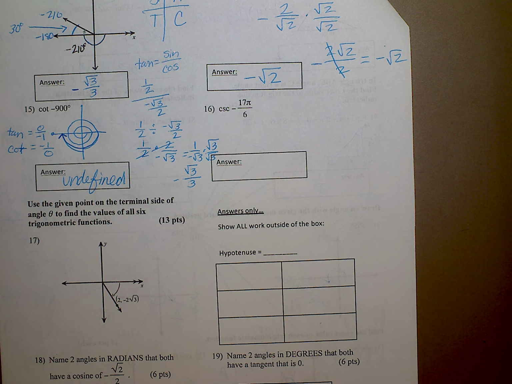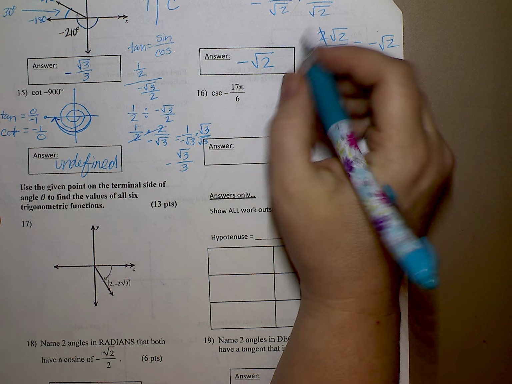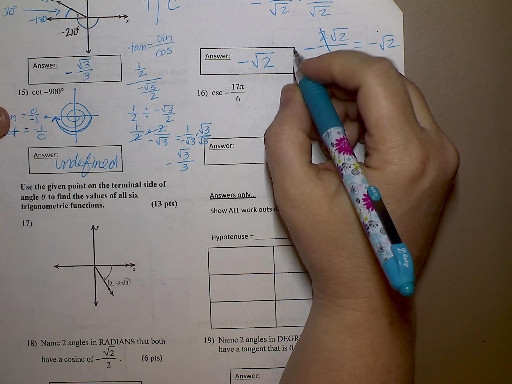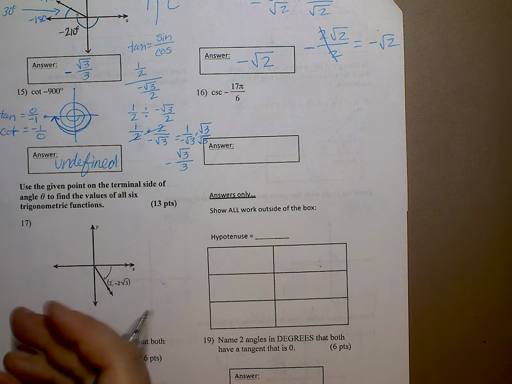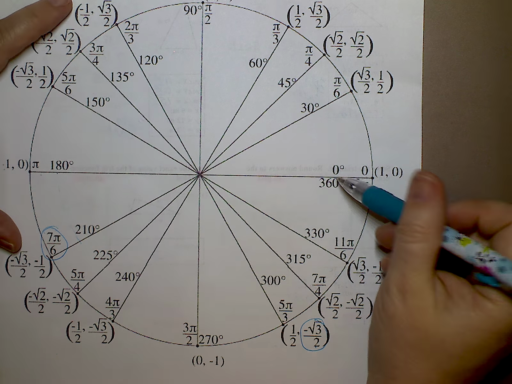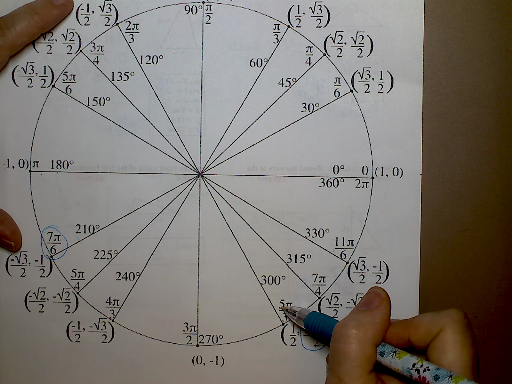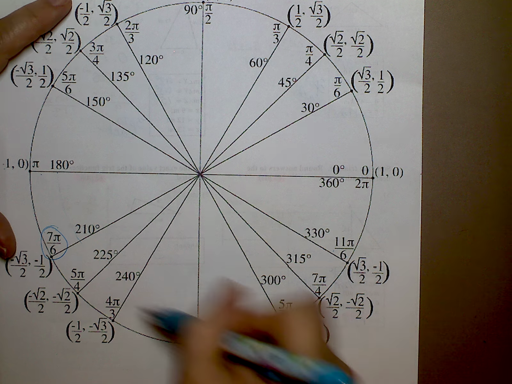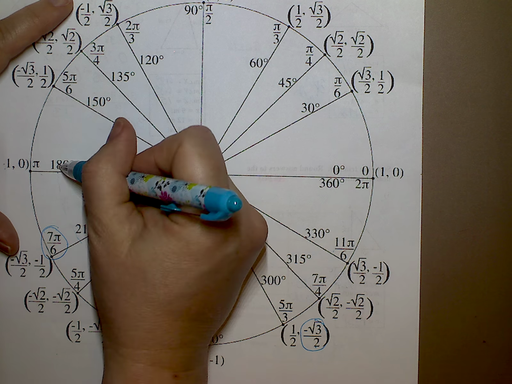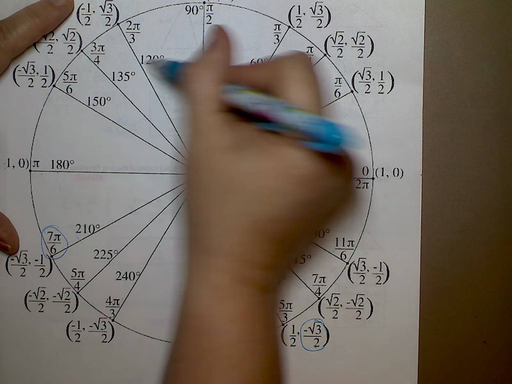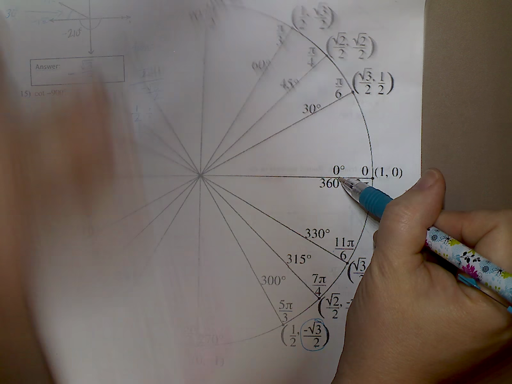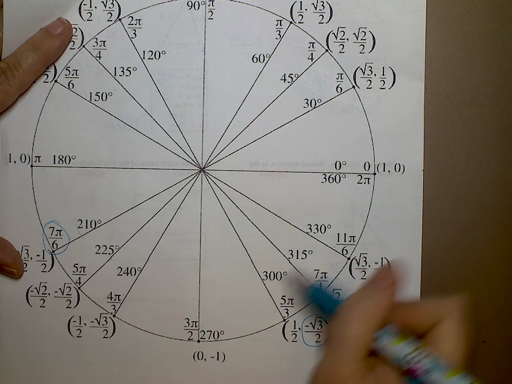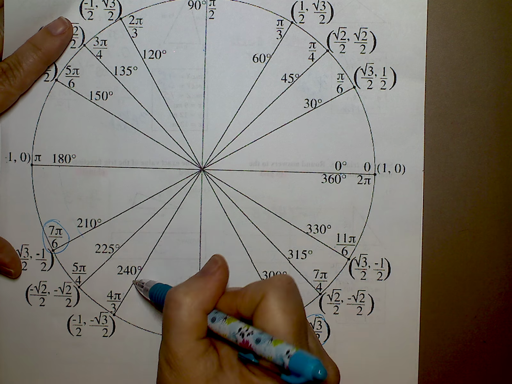And finally, cosecant of negative 17 pi over 6. I'm going to count around in my circle by 6. So 1, 2, 3, 4, 5, 6, 7, 8, 9, 10, 11, 12, 13, 14, 15, 16, 17.